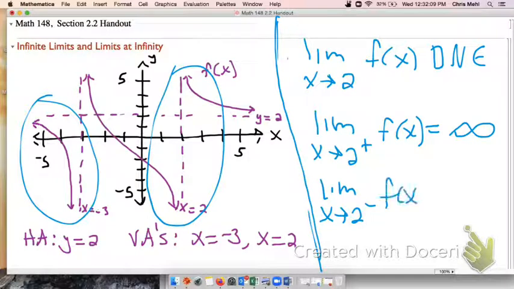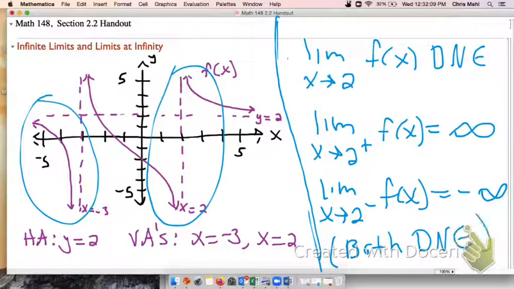And again, this limit does not exist either. The function does not approach a particular value. It just keeps getting more negative on the left-hand side. You could describe that behavior by writing the limit is negative infinity. Both limits do not exist, but writing infinity or minus infinity is just describing the behavior.